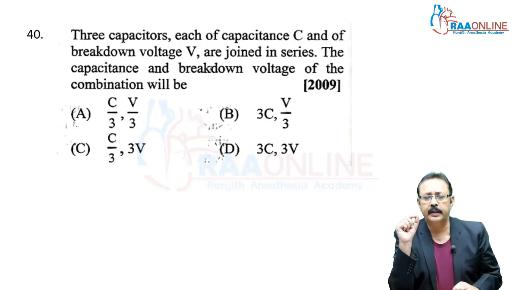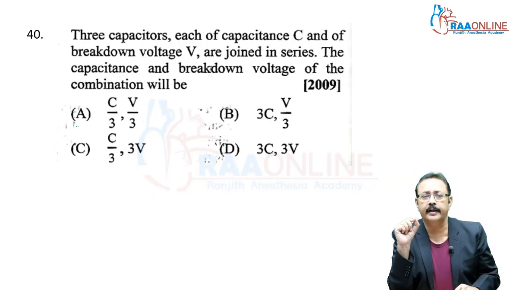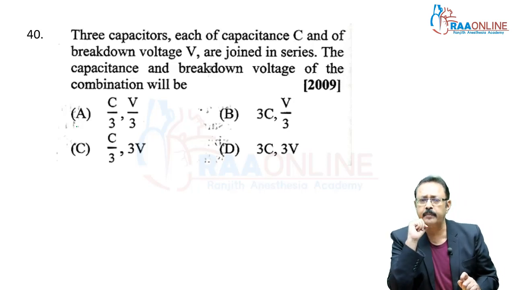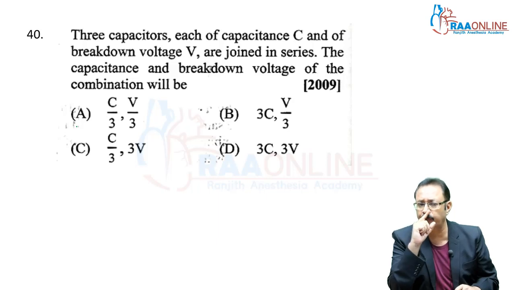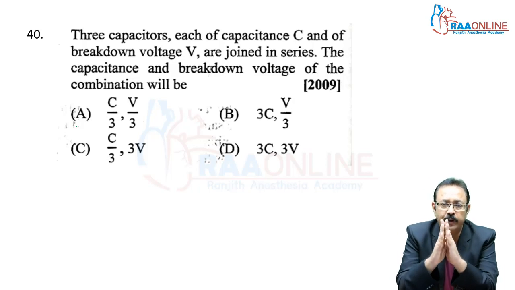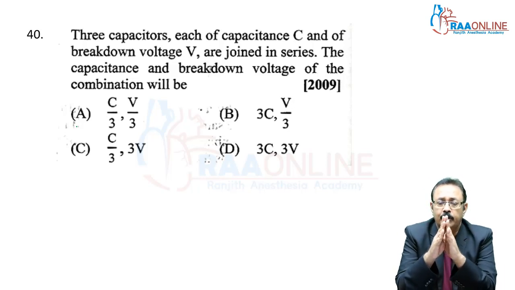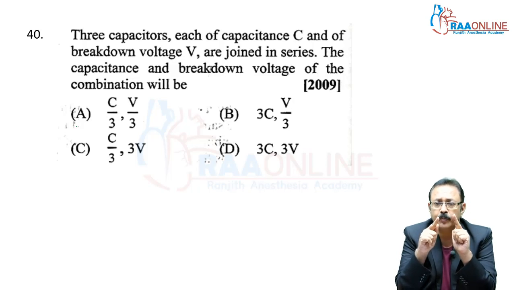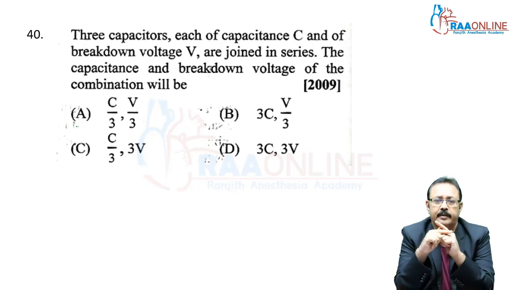Next problem is from 2009 AIPMT. 3 capacitors, each of capacitance C and of breakdown voltage V, are joined in series. The breakdown voltage of the combination will be, it means what they are saying, you cannot give voltage more than V to any capacitor.